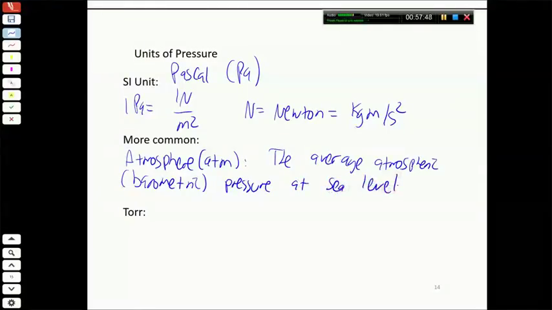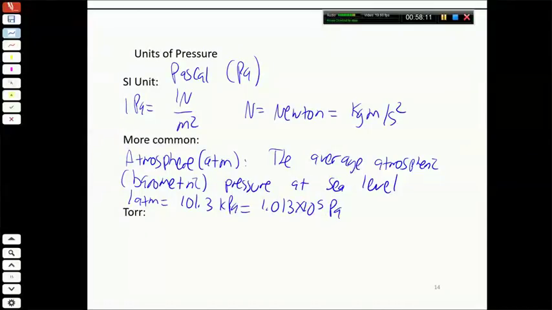This is the most common unit of pressure that's used in chemistry, or at least in the types of chemistry things we're going to talk about. And so the relationship is that 1 atmosphere is 101.3 kilopascals, or 1.01 times 10 to the 5th Pascal.